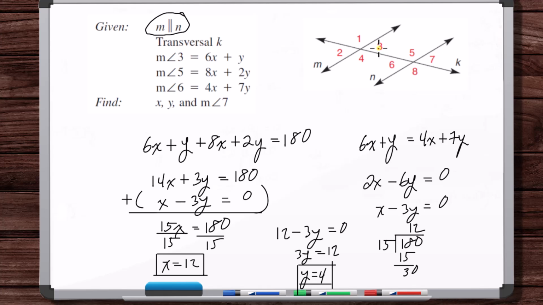Alternate exterior angles, but 2 and 3 are congruent. So the measure of angle 7 is going to be equal to the measure of angle 3. So measure of angle 3, 6 times 12 plus 4. That's 72 plus 4, 76. So the measure of angle 7 is 76 degrees.